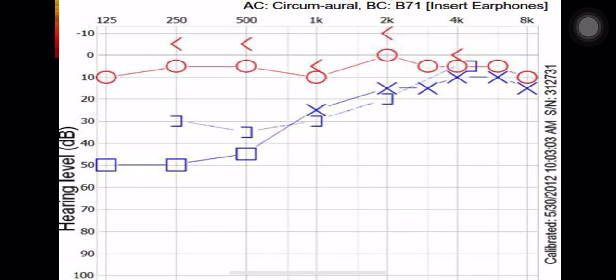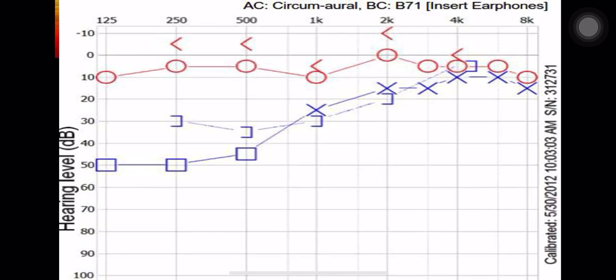So this kind of audiogram is called low frequency sensorineural hearing loss, right? And I should also say one thing, there is no AB gap, so it is a sensorineural hearing loss, and we see hearing loss only in the low frequencies, so it's a low frequency sensorineural hearing loss, right? Or on seeing a graph itself, you can say whether it's a low frequency sensorineural hearing loss or not.